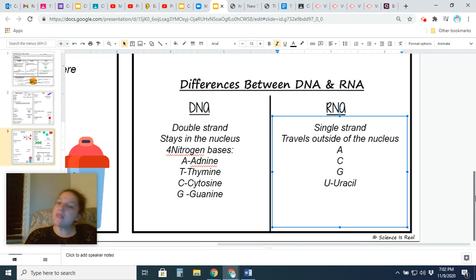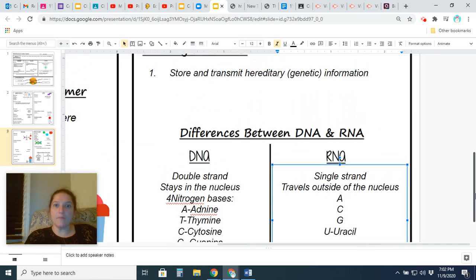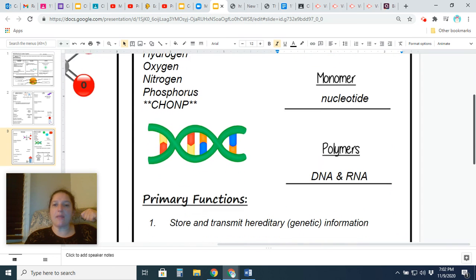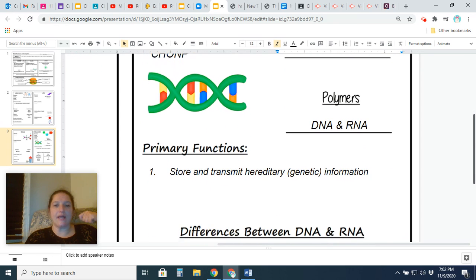So that is the basis of our nucleic acids. One more time: carbon, hydrogen, oxygen, nitrogen, phosphorus. The monomer is a nucleotide, which consists of a phosphate group, a pentose sugar, and a nitrogen base. You get these nucleotides chained together to make a polymer. The polymers end up being DNA and RNA.